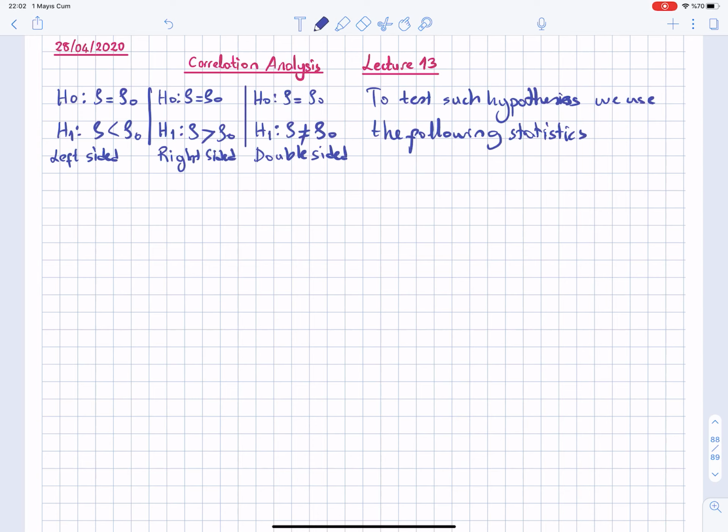This is the statistic: t calculated equals r, the sample correlation from the Pearson.